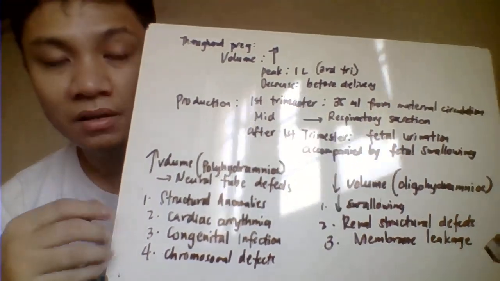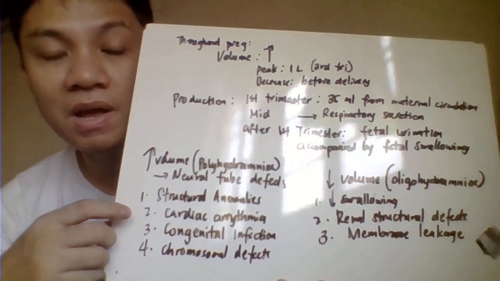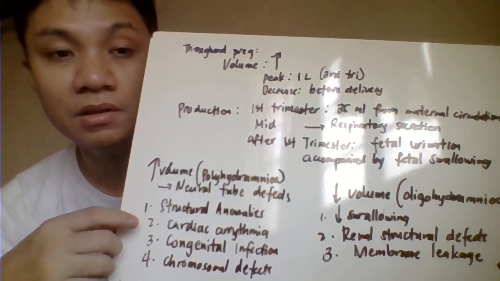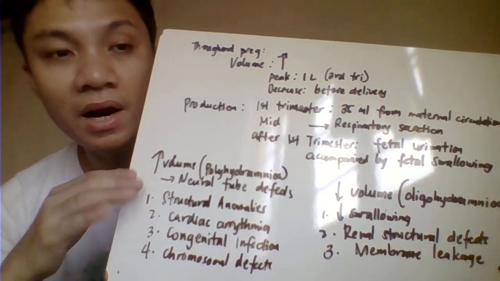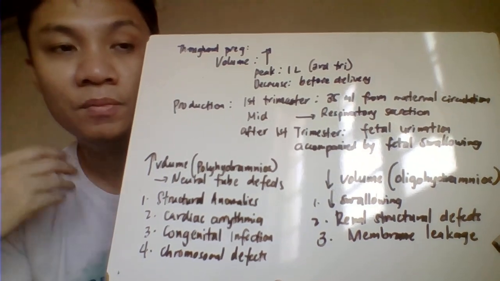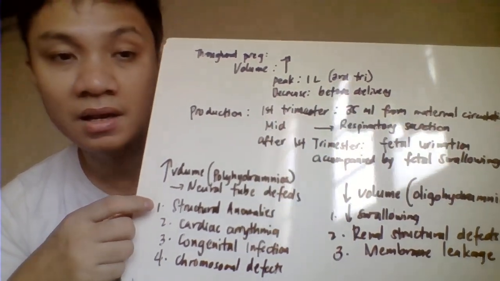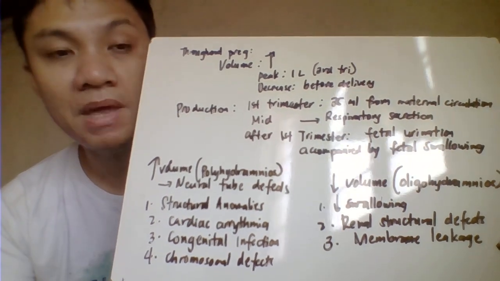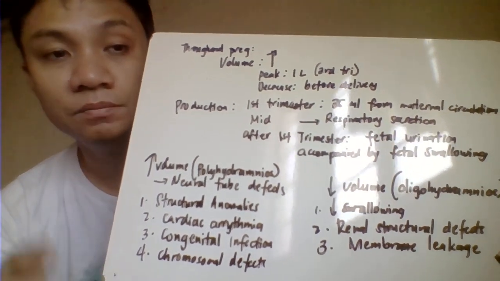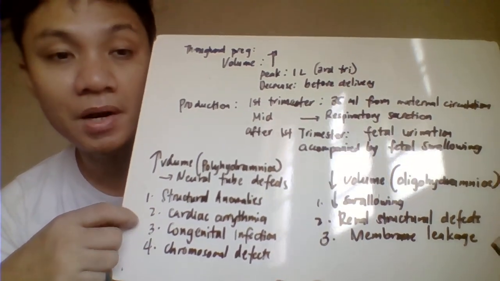Okay, so for the production, during the first trimester of pregnancy, 35 ml of your amniotic fluid came from the maternal circulation. And toward the middle portion, the baby starts to produce secretion from its respiratory tract. You can check when the baby starts to breathe already, so it would also produce secretion coming from the respiratory tract.